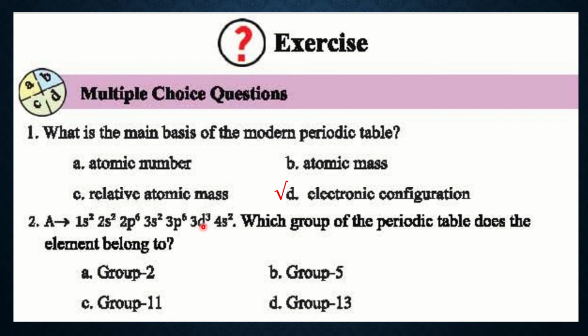So for a d block element, the group number will be calculated by adding the electrons of the last shell and also the electrons of the d subshell of the previous shell. That means in the last shell there are 2 electrons, and in the 3d orbital there are 3 electrons. So the group number will be 3 plus 2, 5. So the correct answer is B, group 5.